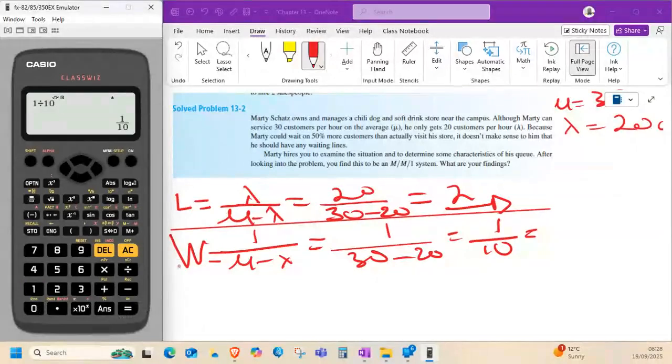You can leave it like this. I sometimes prefer them like this in case I need to use them later. I leave them like that as a fraction.